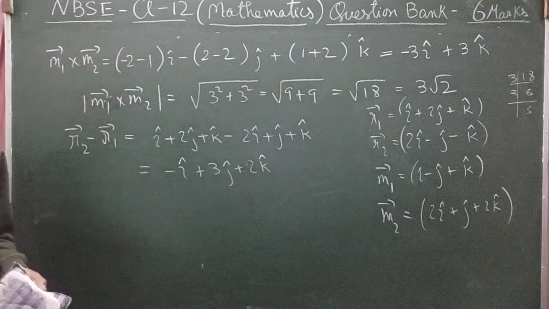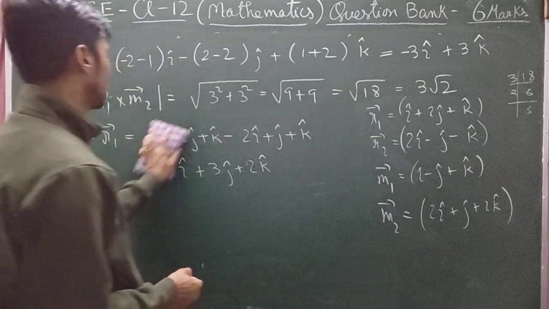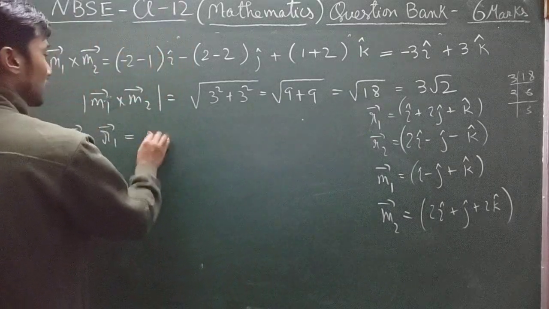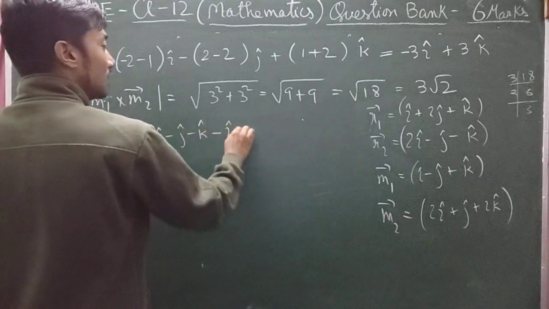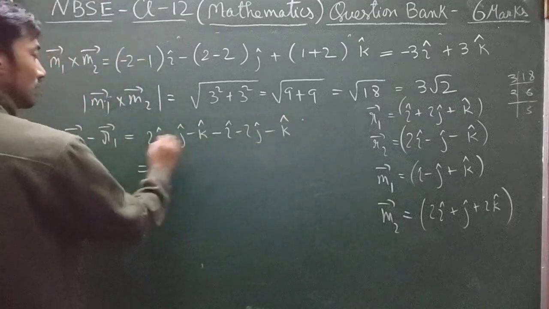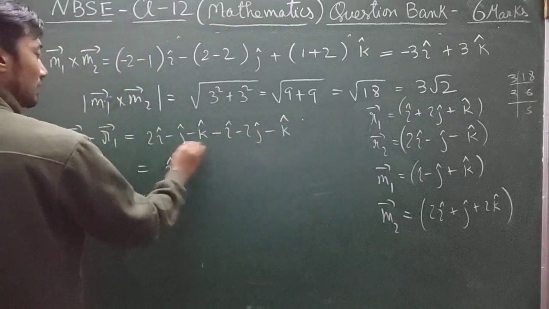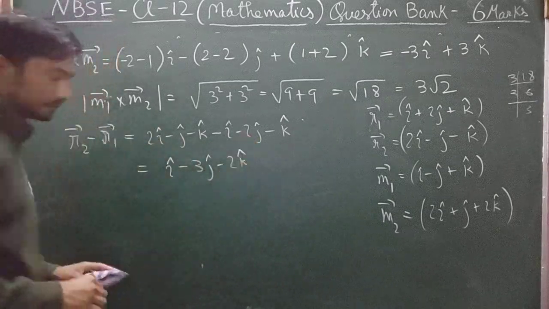Actually, r2 minus r1: r2 is 2i minus j minus k, minus (i plus 2j plus k). So that's going to be 2i minus i, minus 3j, minus 2k.